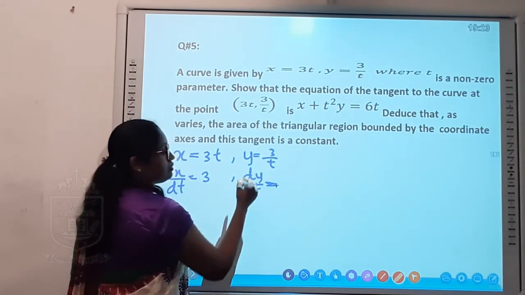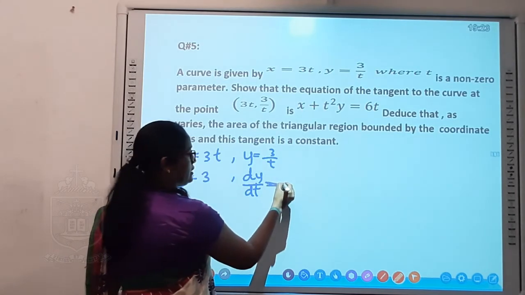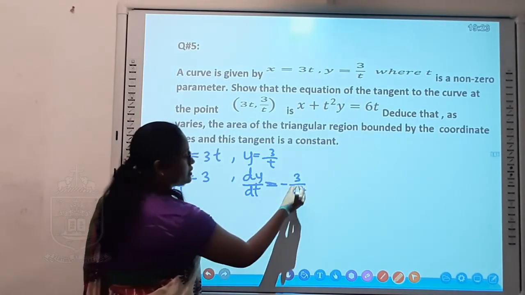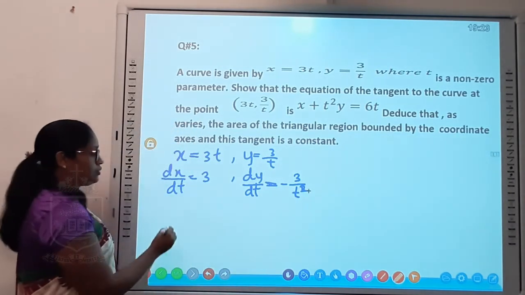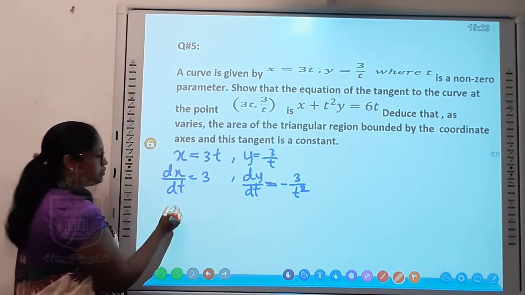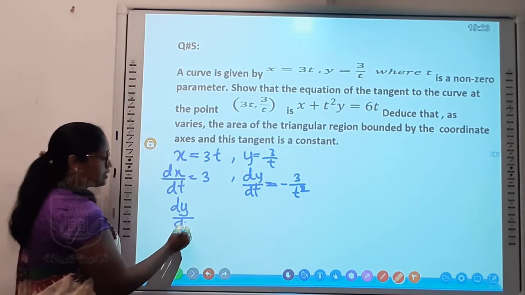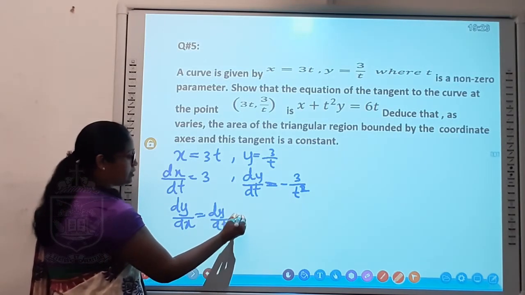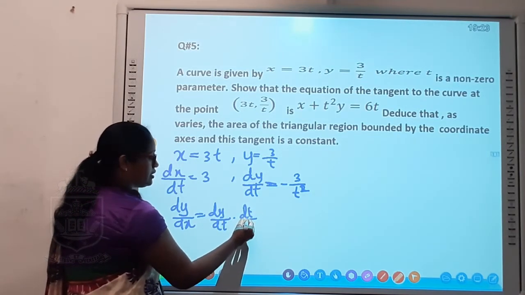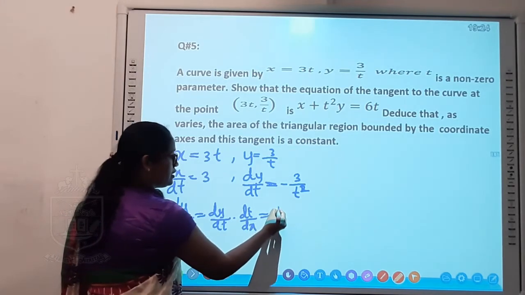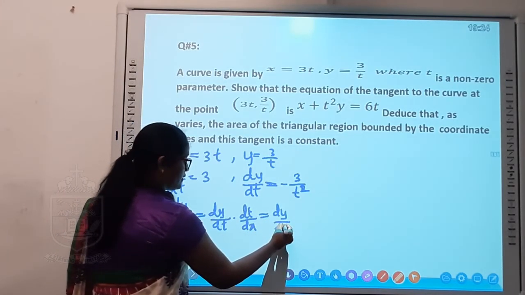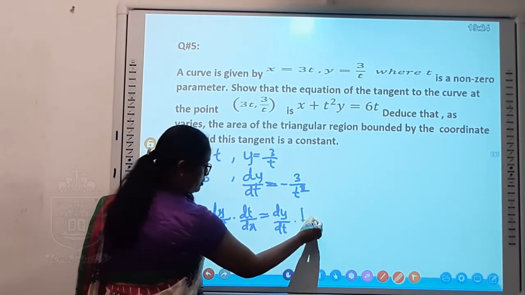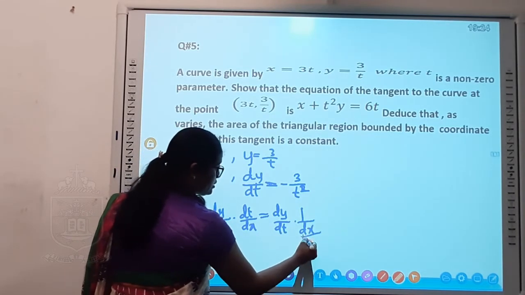applying the rules, I just write the answer. It is minus 3 over t squared. From these two relations we can build dy over dx. dy over dx is equal to dy over dt times dt over dx, applying the chain rule here, and by taking the reciprocal we can write 1 over dx over dt.